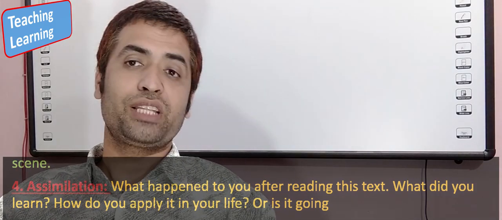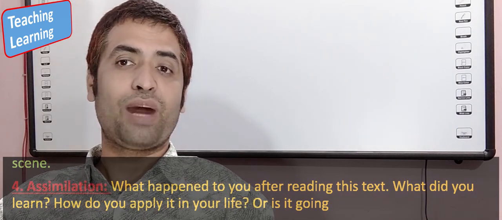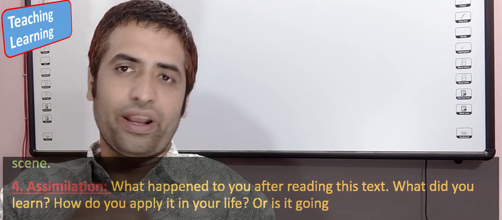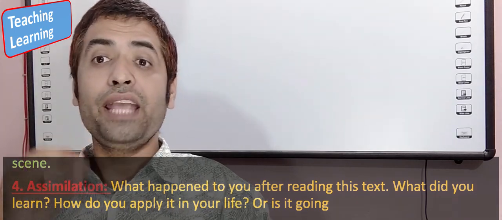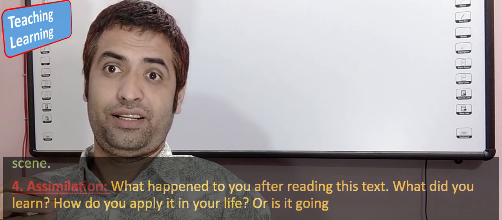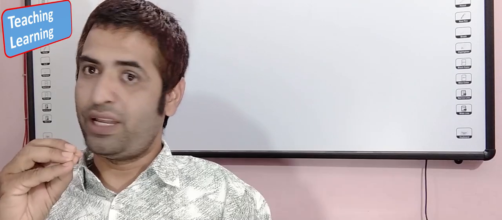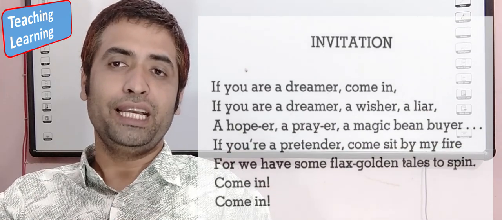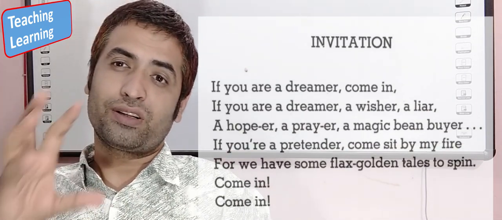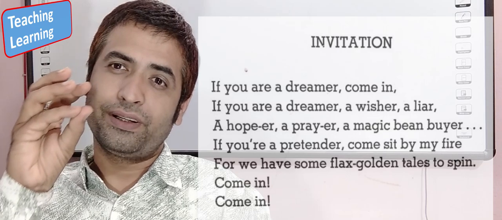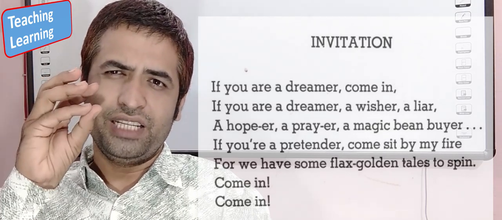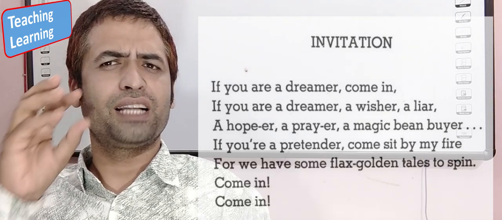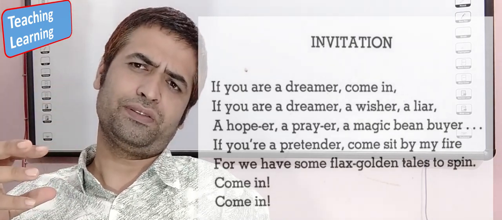Here we can take the example from Invitation. After reading this poem, Invitation, I came to know that the literary text is very powerful. And one more thing is, every person has some degree of lying, deceitfulness, cheating, and those negative attitudes in our life.